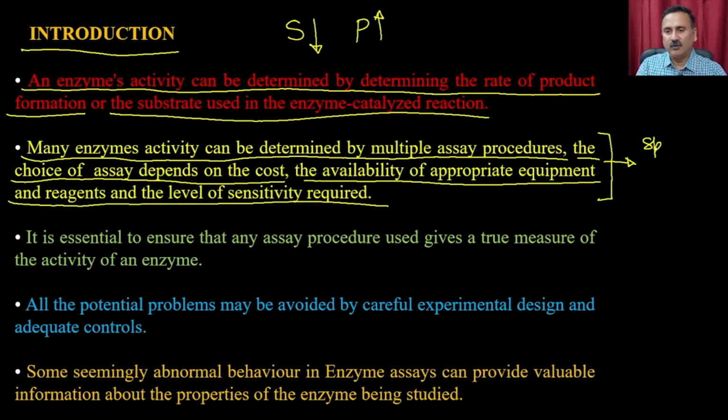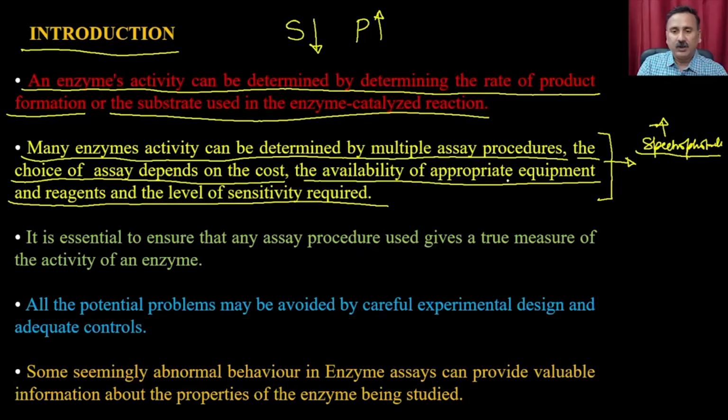If you have a spectrophotometer, then you can set up an assay where you are going to have the change in the visible region. If you have a fluorimeter, you can design the enzyme assay accordingly. So depending on the equipment, you are going to set up the enzyme assays.